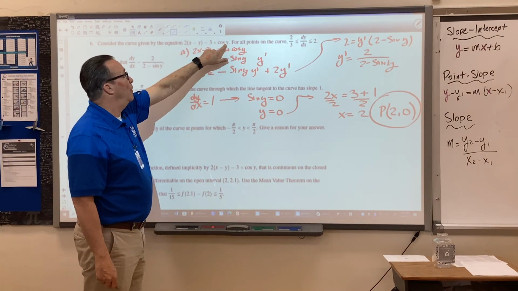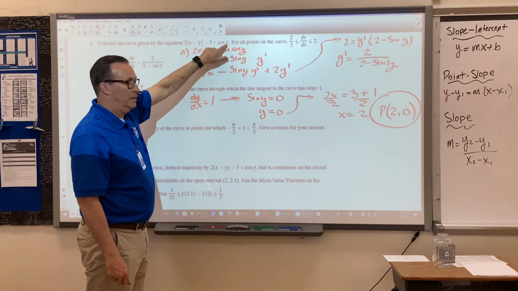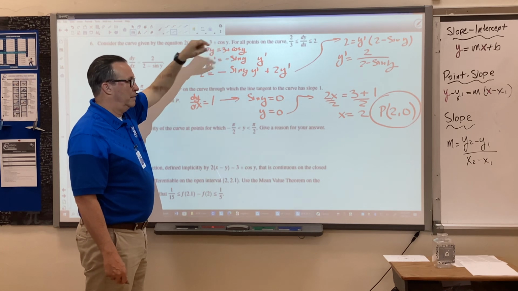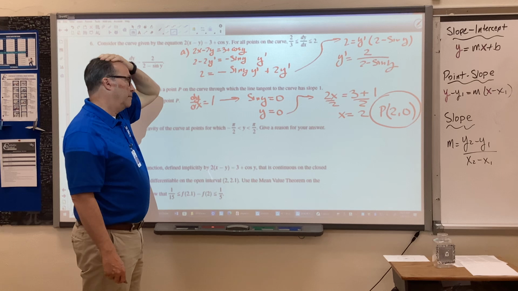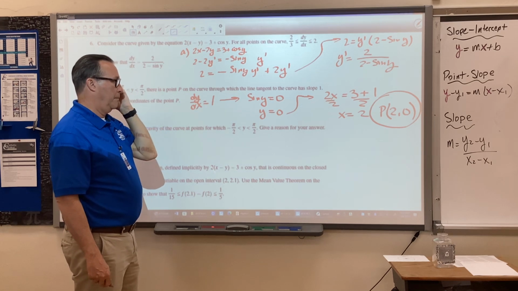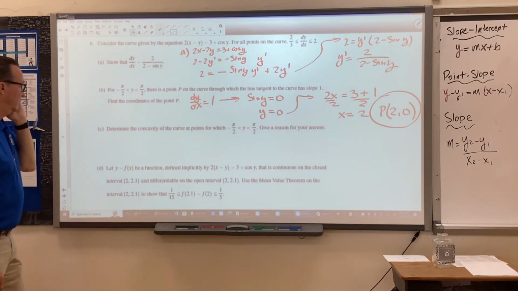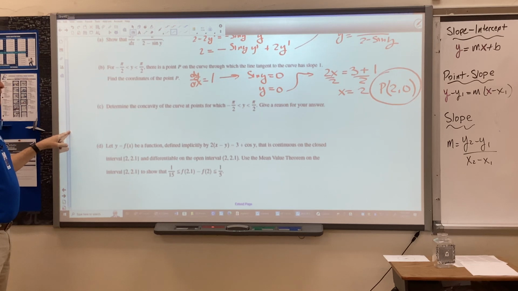If y is 0, cosine of 0 is 1. X is 2. Determine the concavity.